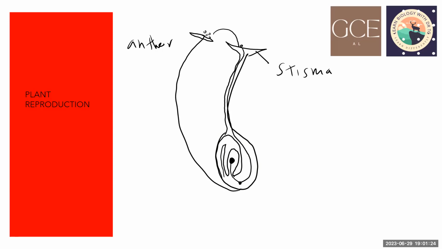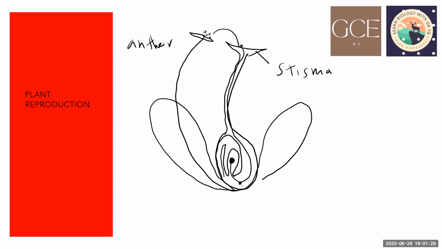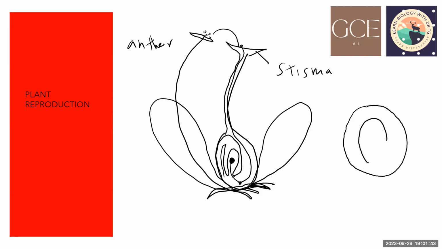After fusion, the flower produces a fruit. That means the whole ovary changes into the fruit, and the ovule changes into the seed. Inside the seed, we have the embryo now.